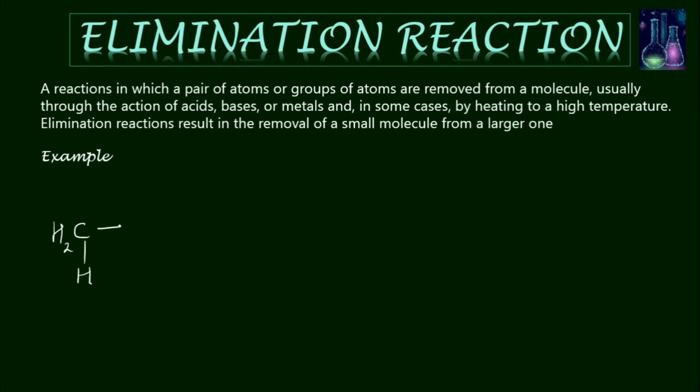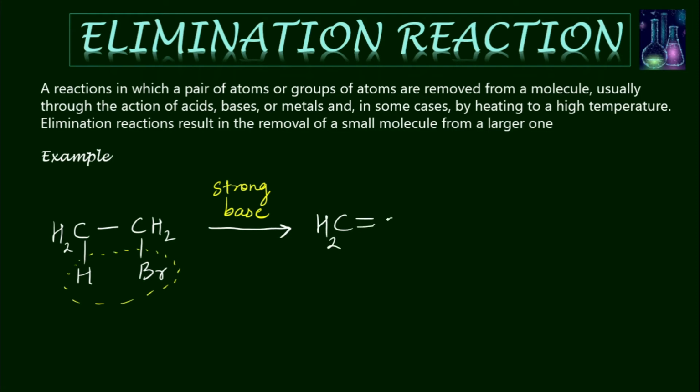If I have ethyl bromide and I'm heating it in the presence of a strong base, here this hydrogen and bromine are lost and you get CH2=CH2, ethene, and the byproduct here is HBr.